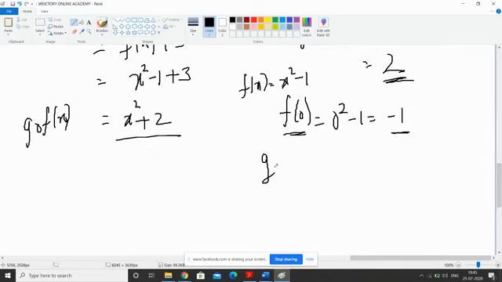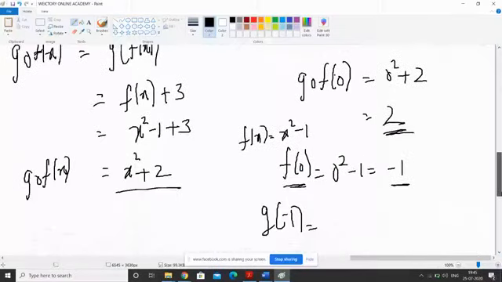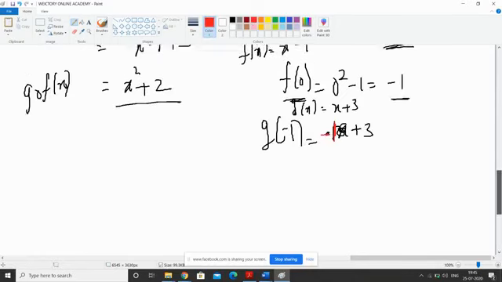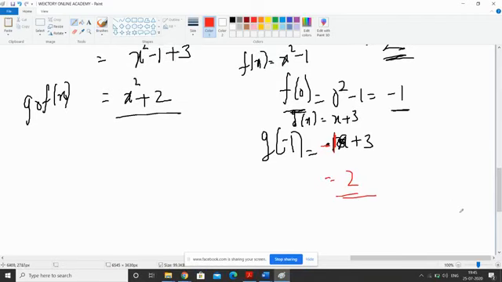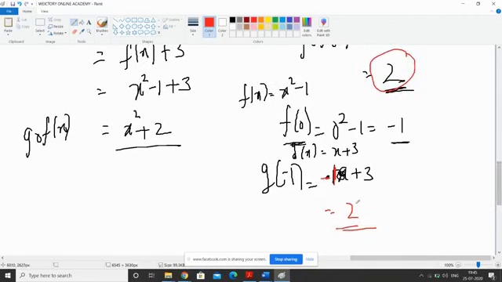So g of minus 1. g(x) was x plus 3, so we will substitute minus 1 in place of x. So minus 1 plus 3 will give you 2. So we are getting the same answer. See, we got 2 here and 2 here.